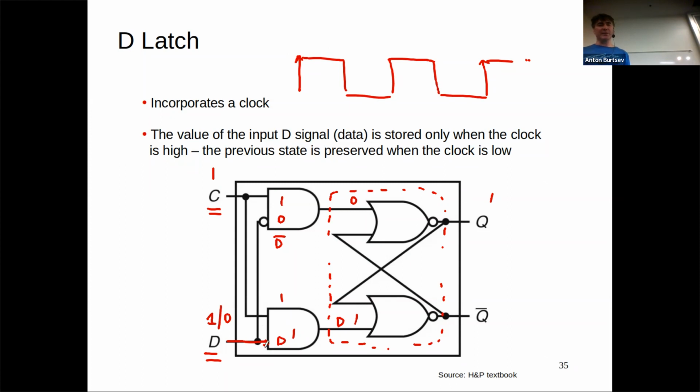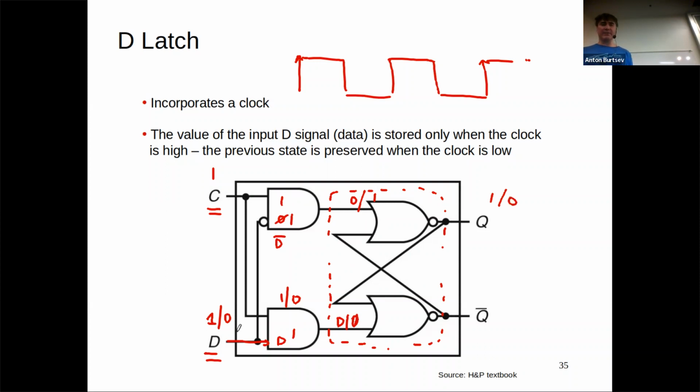So if this D is 0, then this one is 0. So this output will be 0, not 1, but 0. D is 0, inverted will be 1. Clock is high, 1 and 1 is 1 here, right? And so what we have here is 1 and 0, a resetting signal which sets this guy to 0, right?